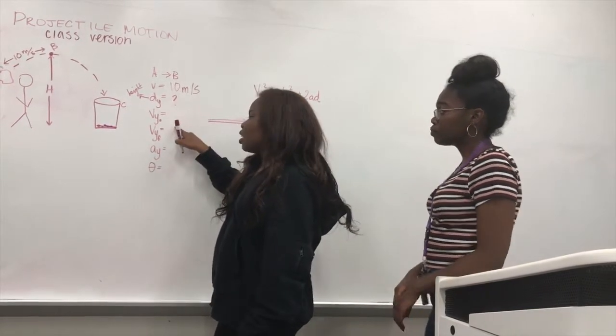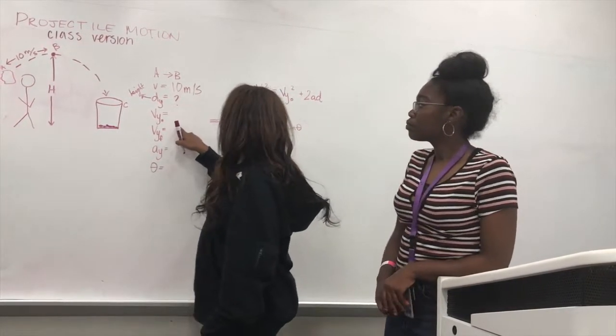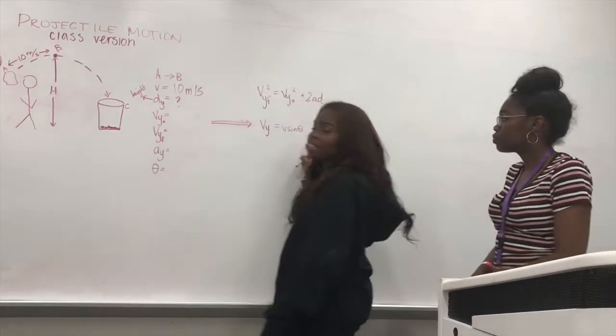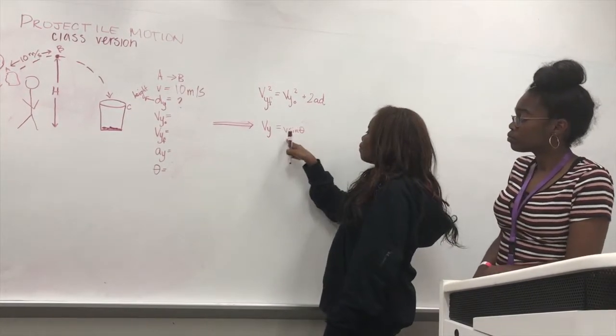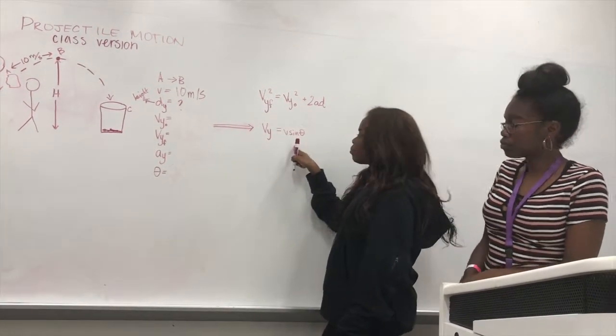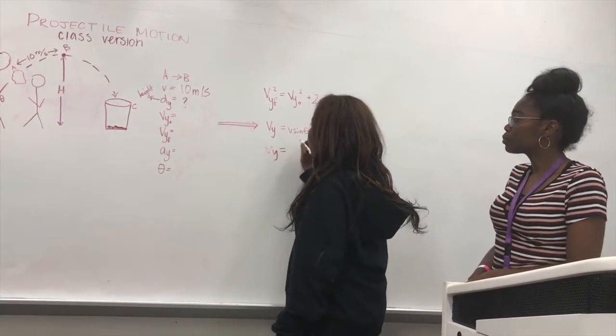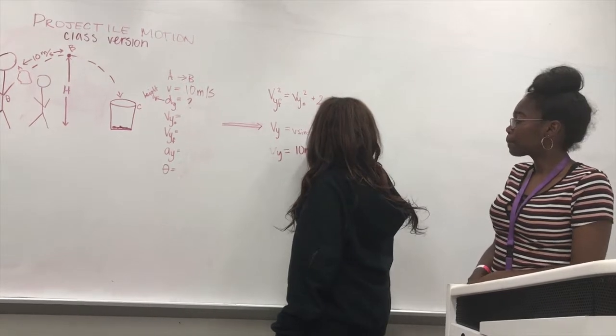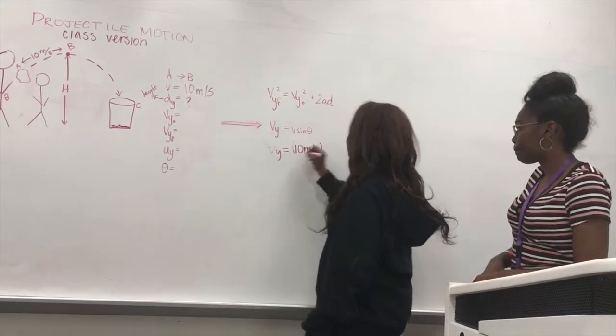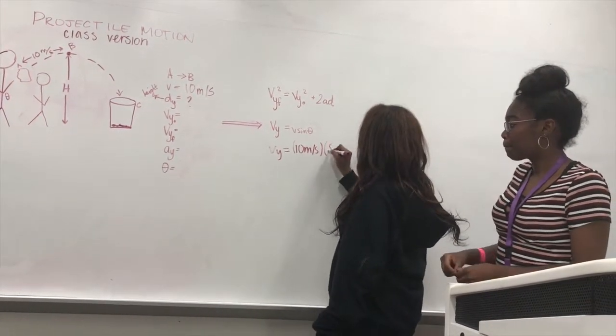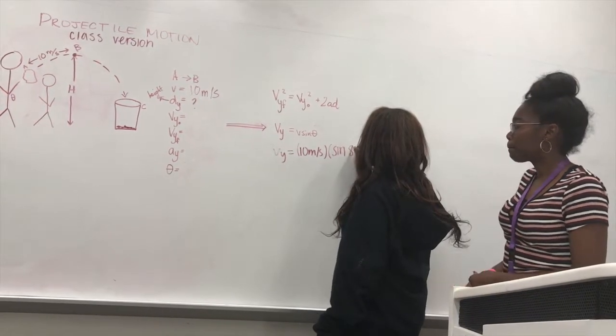The initial velocity in the y direction was not given, so we will have to calculate it using v times sine theta. So Vy will equal 10 meters per second times sine of 80 degrees.